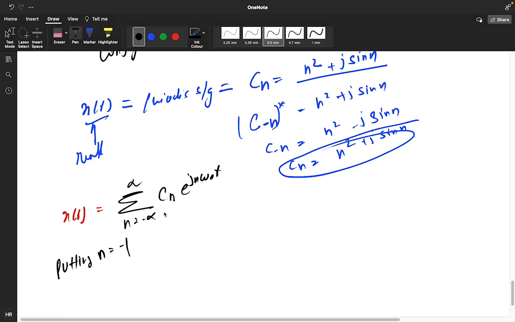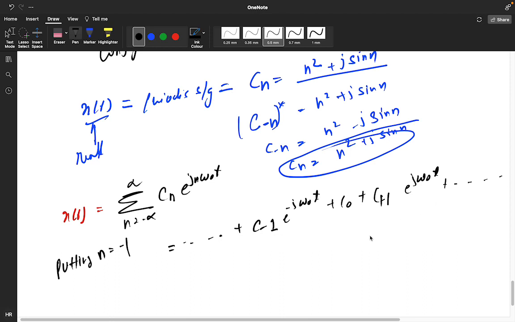So we have this formula. If you apply this formula, what value will you get? We will get dot dot dot plus c of minus 1 e power minus j omega naught t plus c naught plus c of plus 1 e power j omega naught t. We are getting like this.